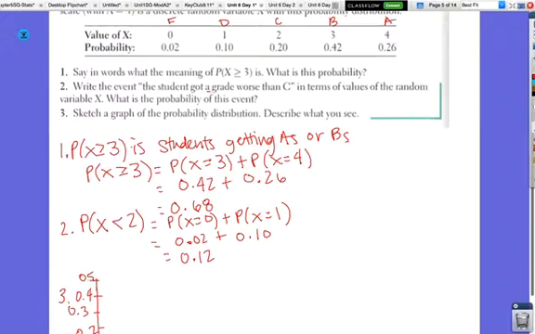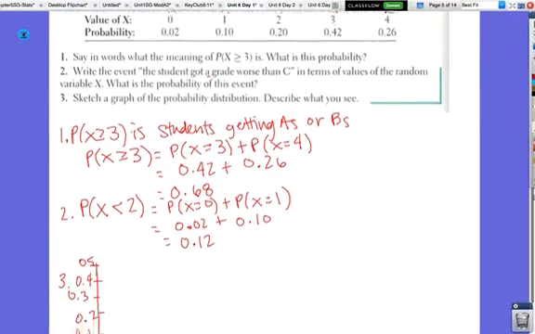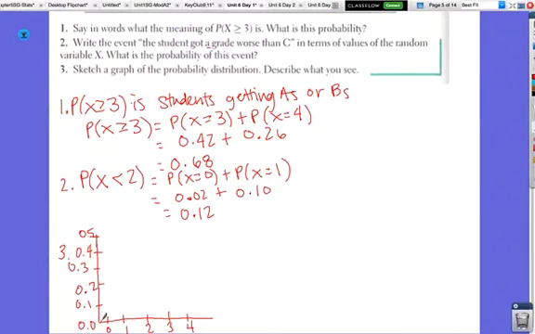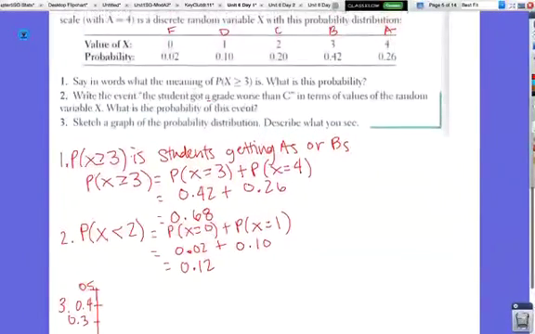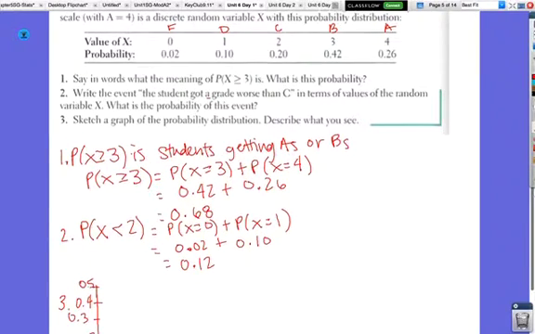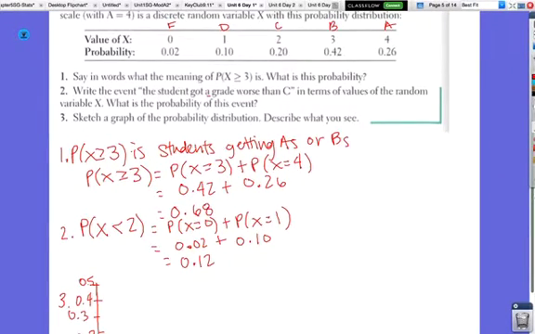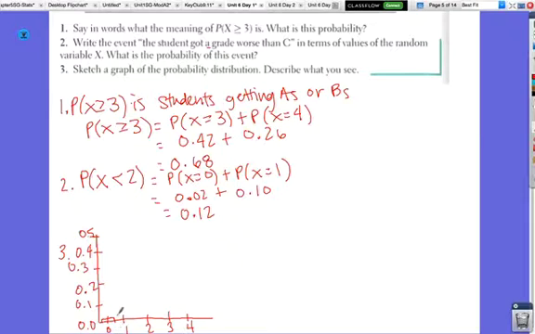Zero represents my F's, and so the probability of that is 0.02, which would be down here very, very close to the bottom. Probability that X was equal to 1 is 0.10.